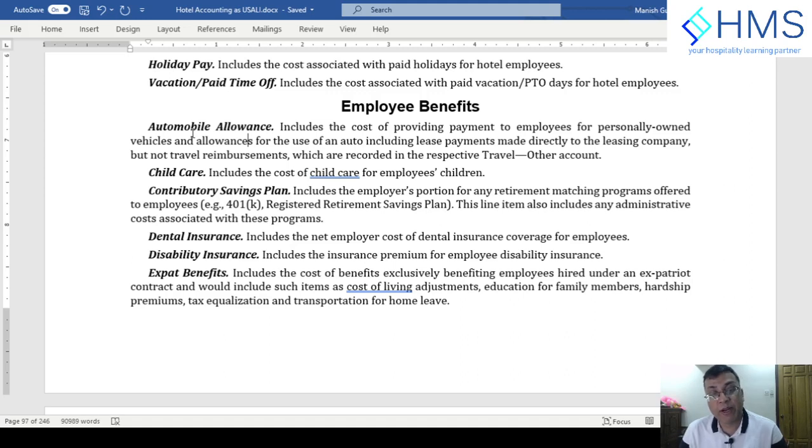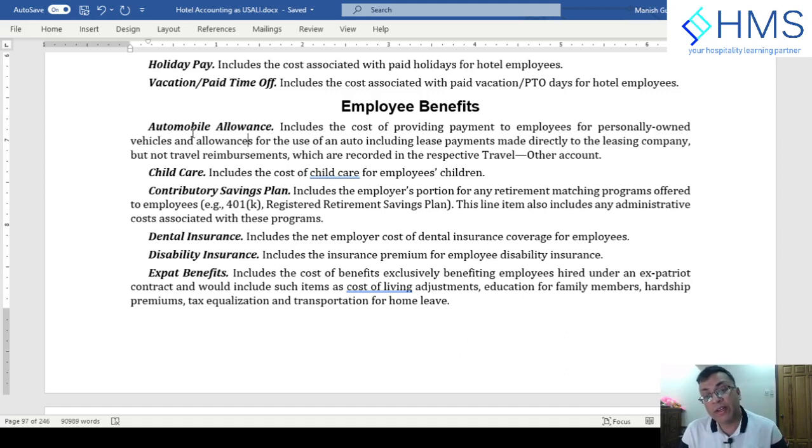Then you have expatriate benefits. The expatriate normally will get a house, cost of living adjustments, education for their family members, hardship premium, tax equalization, or transportation for the home leave. Those costs will be included in the expatriate benefits.